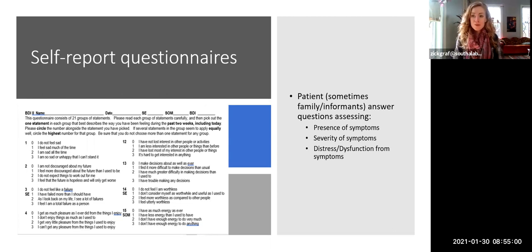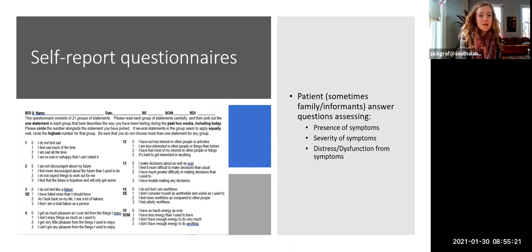When we talk about symptom disorders, I'm going to have you looking at some of the self-report questionnaires we use to diagnose them, to help you get a better sense of what the clinical criteria are. This is an example of the Beck Depression Inventory, which is used to assess for and screen for depression.